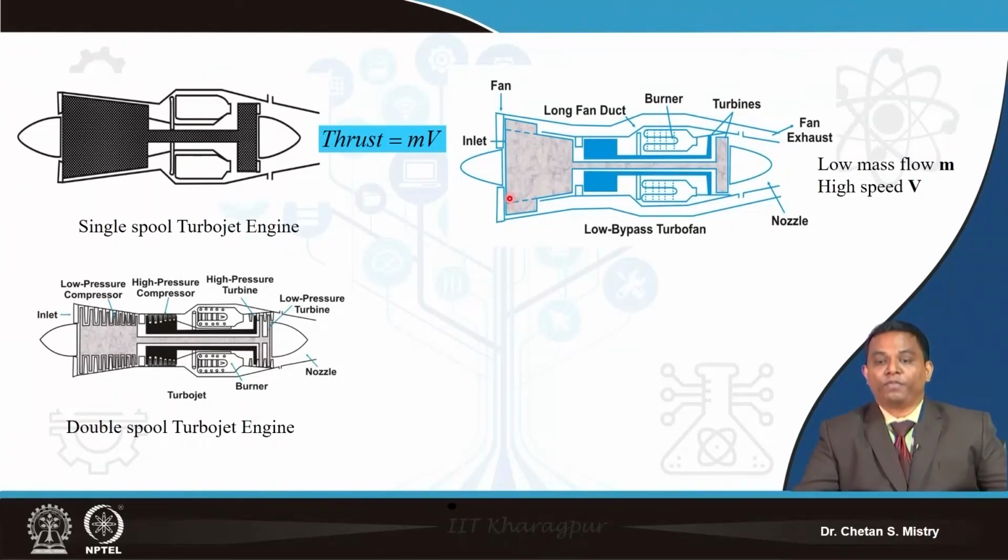Here if you look, this is my fan, this is my HP compressor, this is my HP turbine, and this is my LP turbine. So this gives me high mass flow rate and lower velocity at the exhaust, that's what gives me the requirement of my thrust.